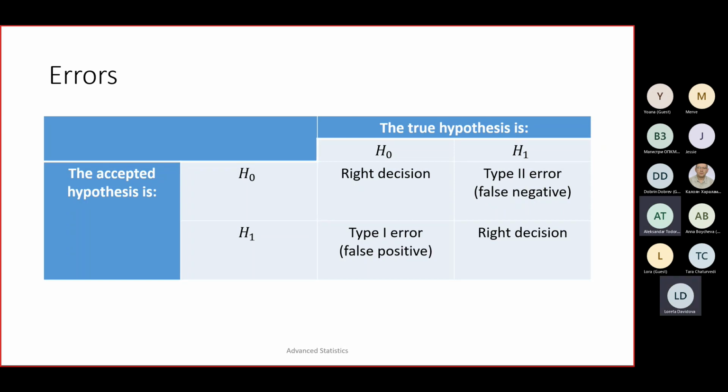Type 2 is, I think, more dangerous. Okay, why? Because the person is ill, but the test shows that he's not. Yes, and this person is in danger.